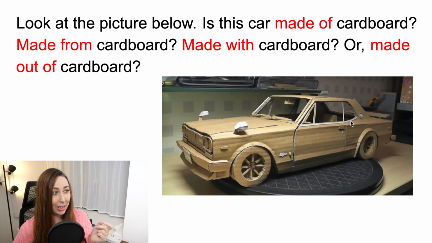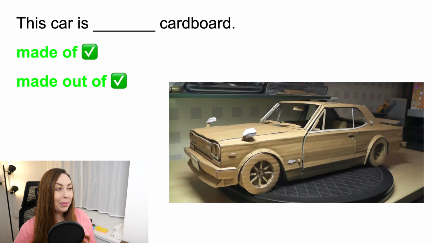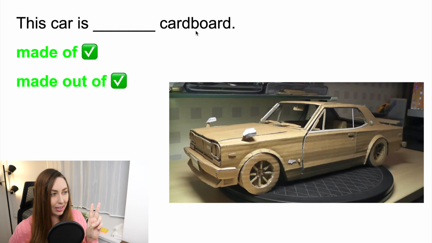Again, some native speakers might use all of them, but there are maybe a few that would be the best answer for this one, okay? So we have two best answers. So we have this car is made of cardboard, and this car is made out of cardboard, okay? Those would be the two best answers.